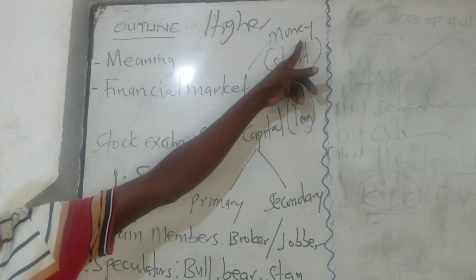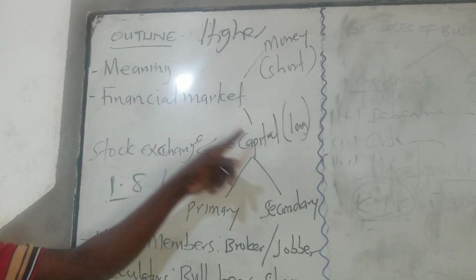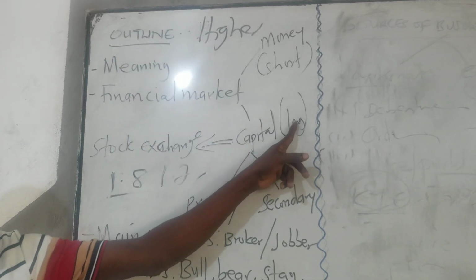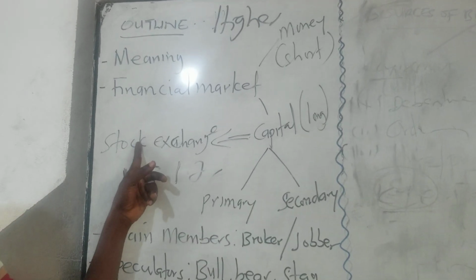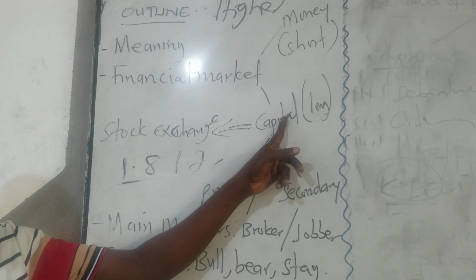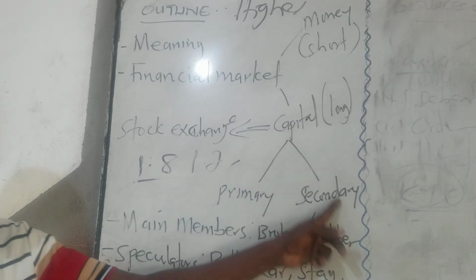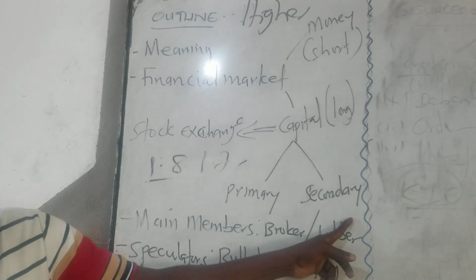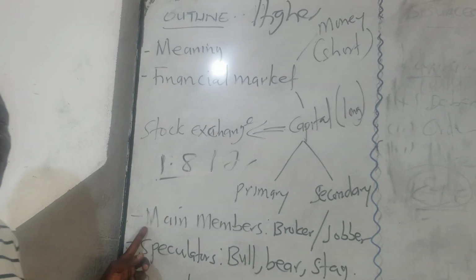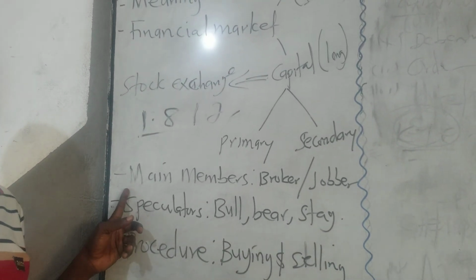We have the money market that deals with short-term securities, and we have the capital market that deals with long-term securities. And we said stock exchange is an example of the capital market. Then we also covered the primary market and secondary market, which I've just repeated.